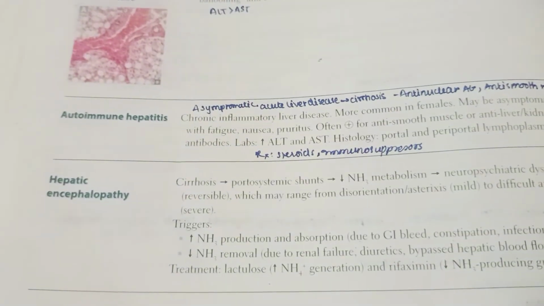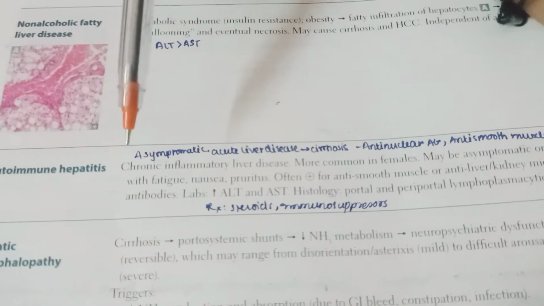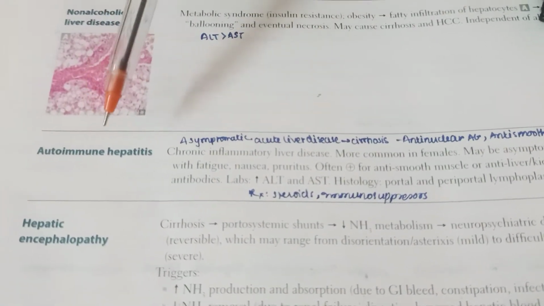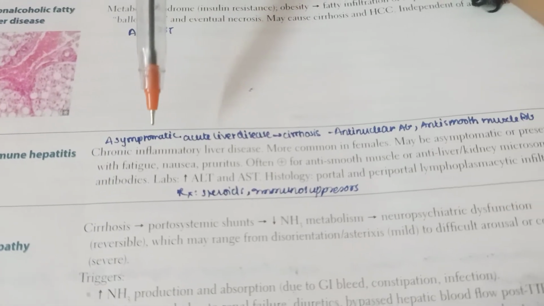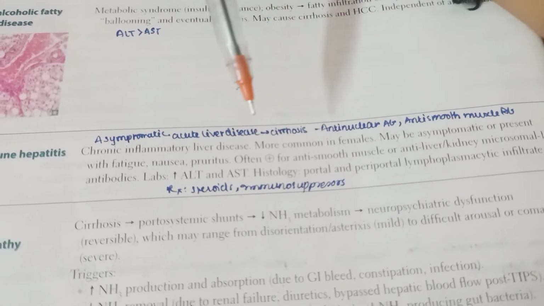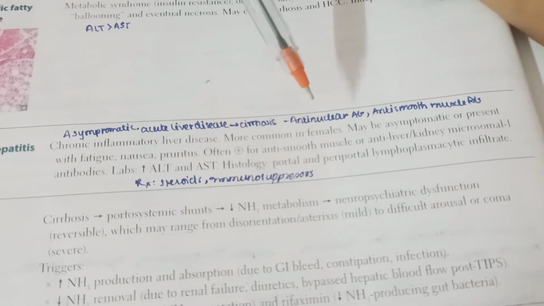Let us continue with autoimmune hepatitis. So autoimmune, you can see it's a condition where our body cells are attacking our own cells, like here in the case of the liver. It is an asymptomatic acute liver disease. It is causing cirrhosis. There are anti-nuclear antibodies and anti-smooth muscle antibodies.